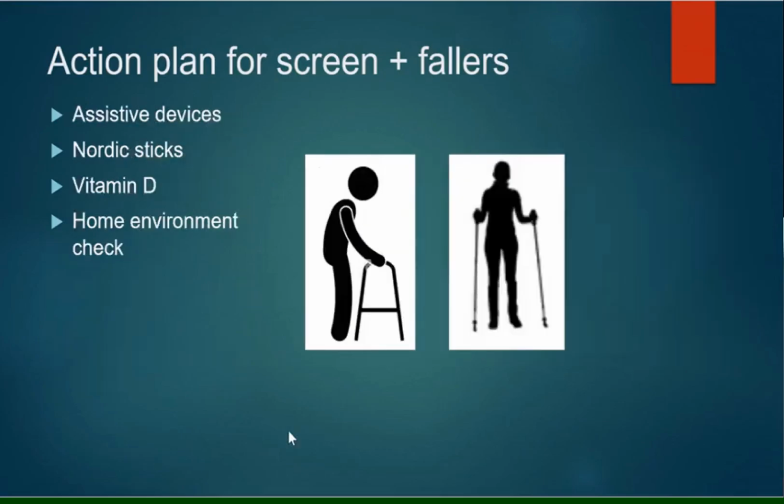The other thing to consider is for fallers as to whether they need an assistive device. A lot of people are reluctant because they look like an old person and they don't want to use a cane. Well, doggone it, you have to sometimes have a discussion. And that discussion might include consideration that grabbing onto something, such as a cane, steadies the brain, not only the body.